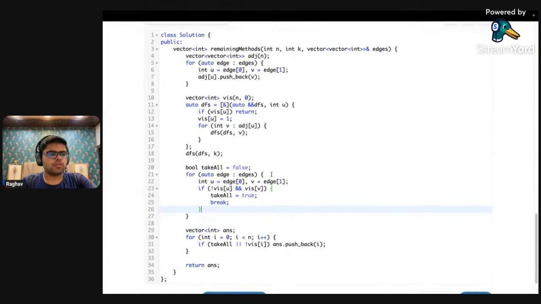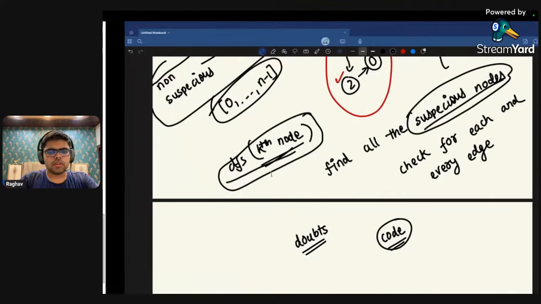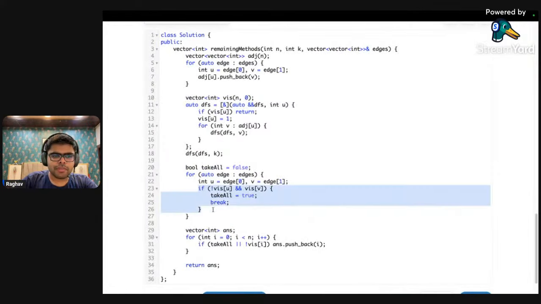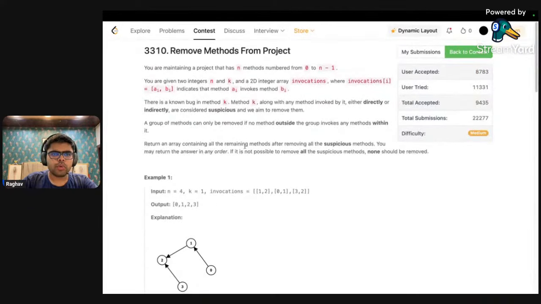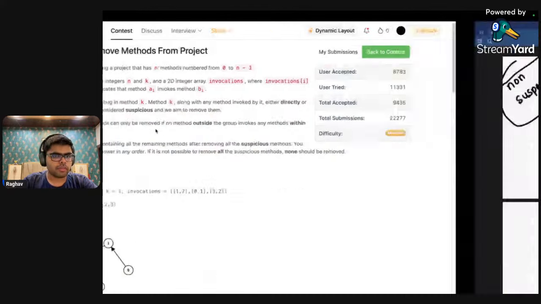Okay, so Sanjeev, we are checking this part because we have been told in the problem that a group of methods can only be removed if no method outside the group invokes any method within it.